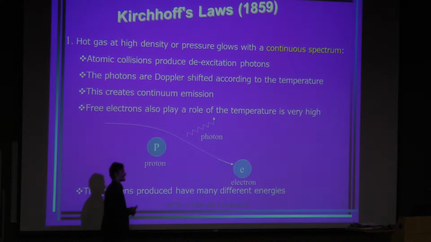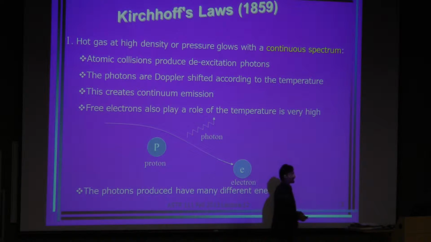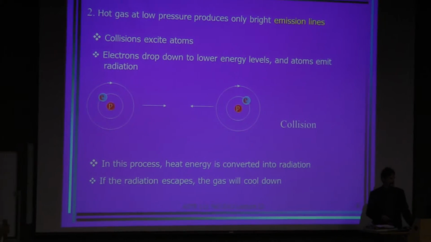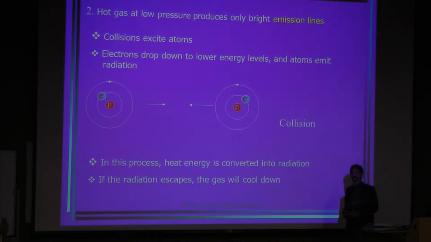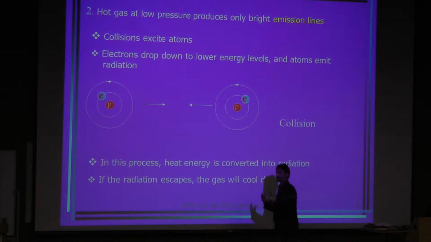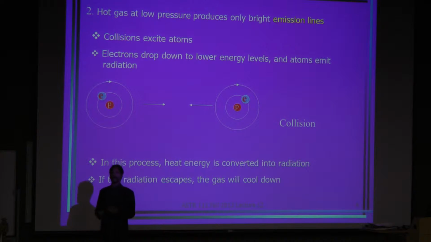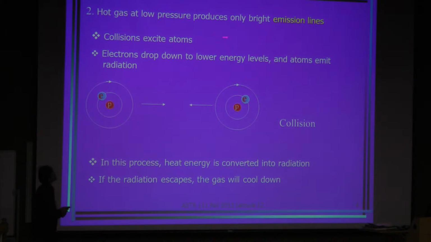So the first law is that hot gas at high density or pressure is going to give you the continuous spectrum. But the second law, again, applies to the situations that we talked about a lot involving hot gases at low density or pressure. You have a rather thin, low density hot gas, then what you're actually going to produce is emission lines.